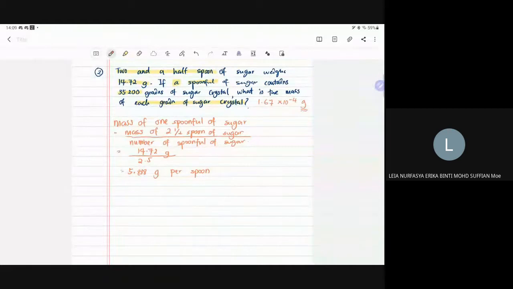Okay, now kita juga tahu satu sudu ada sebanyak ini. So kita nak tengok jisim untuk satu grain berapa jisim dia.